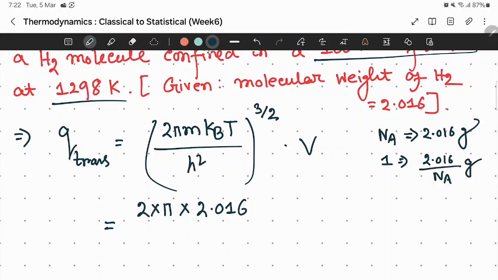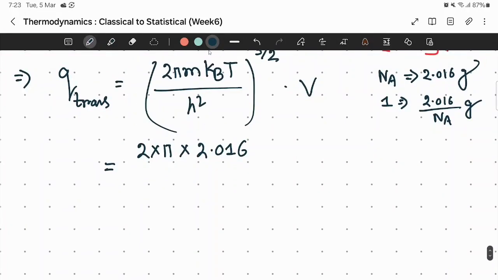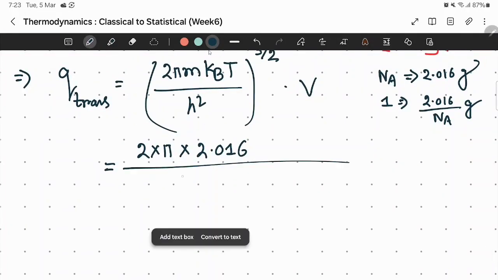So this we have to use. You should not use this. This 2.016 gram is not the weight of one hydrogen molecule. Molecular weight means the weight of any number of hydrogen molecules, that is 2.016 gram. But now we have to use the weight for the one molecule. So that's why it would be NA, 6.023 into 10 to the power 23.